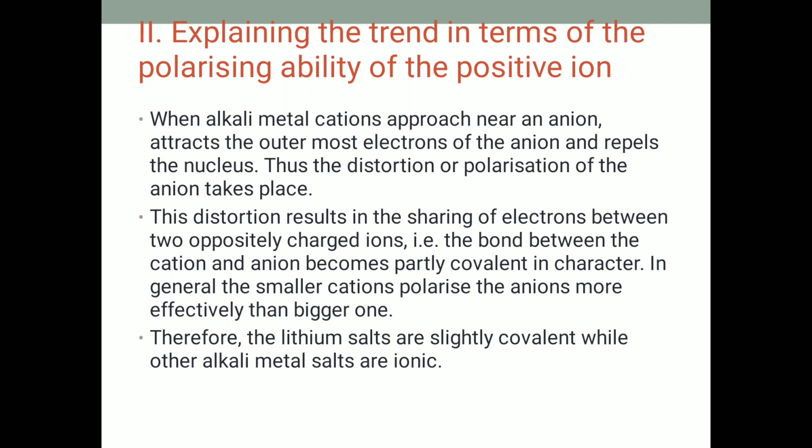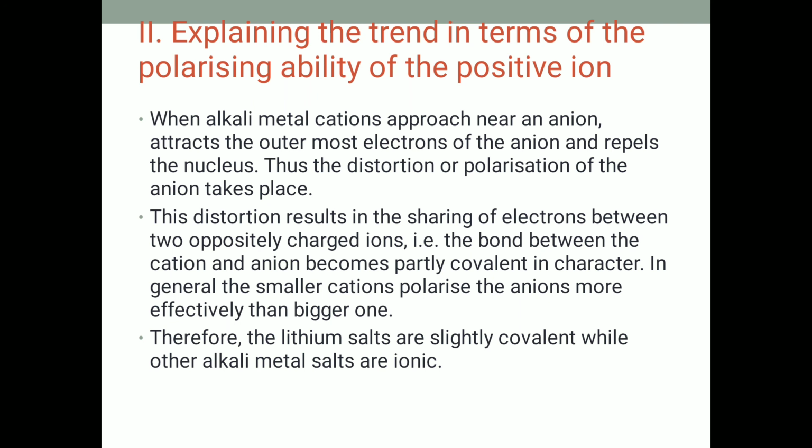Explaining the trend in terms of the polarizing ability of the positive ion. When an alkali metal cation approaches near an anion, it attracts the outermost electrons of the anion and repels the nucleus. Thus, distortion or polarization of the anion takes place.